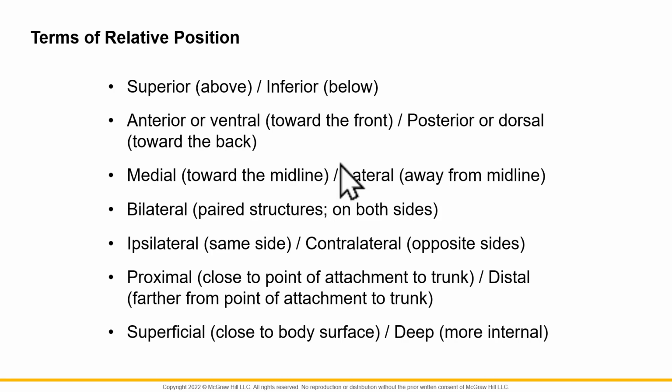If we have something like a limb, this is where we usually use these. We'll use the term proximal and distal, and that's closest to the point of attachment and furthest from. So when I look at my hand, it is distal to my upper arm, okay, because it is further from the point of attachment, which is the shoulder.